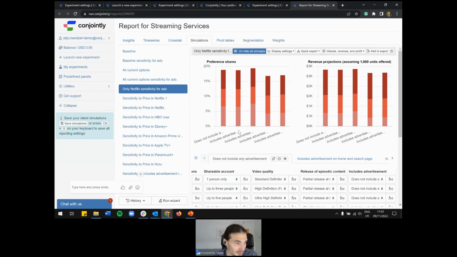What happens if I include ads at 5-minute intervals? 4.2% or 4.5%. So we can see that including ads reduces the amount of people in the basic one. But Netflix is a clever company. They know that's probably going to happen.